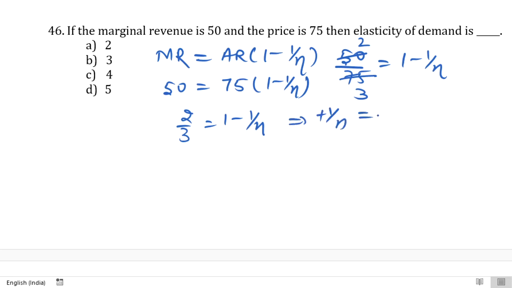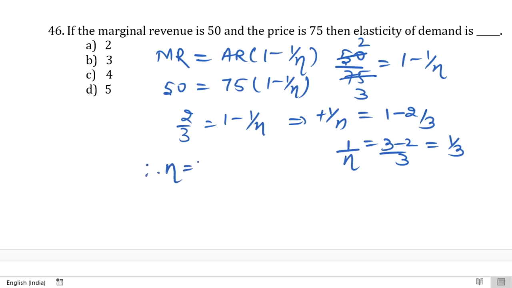So it becomes plus 1 upon nu, which is equal to 1 minus 2 by 3, which is equal to 3 minus 2 by 3, taking LCM, 1 by 3. So this is the value of 1 upon nu. Taking the reciprocal, I get the elasticity as 3, and hence the right answer is B. Correct? Okay. Moving on to the next question.